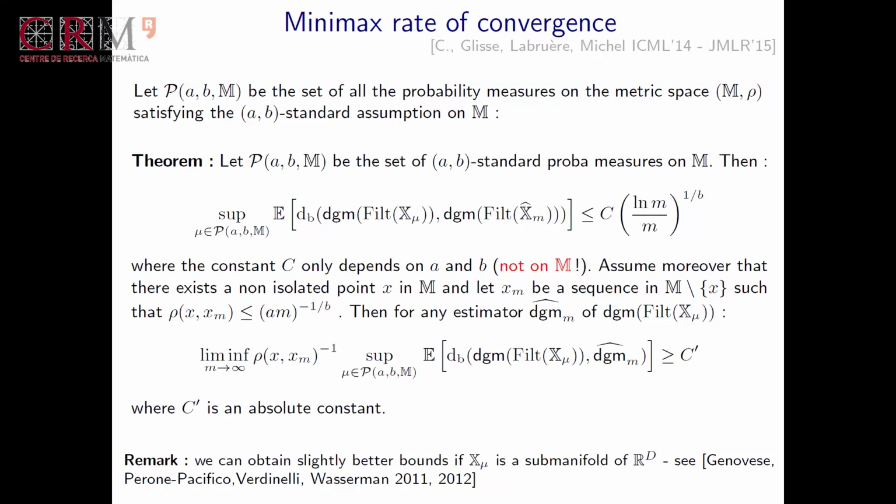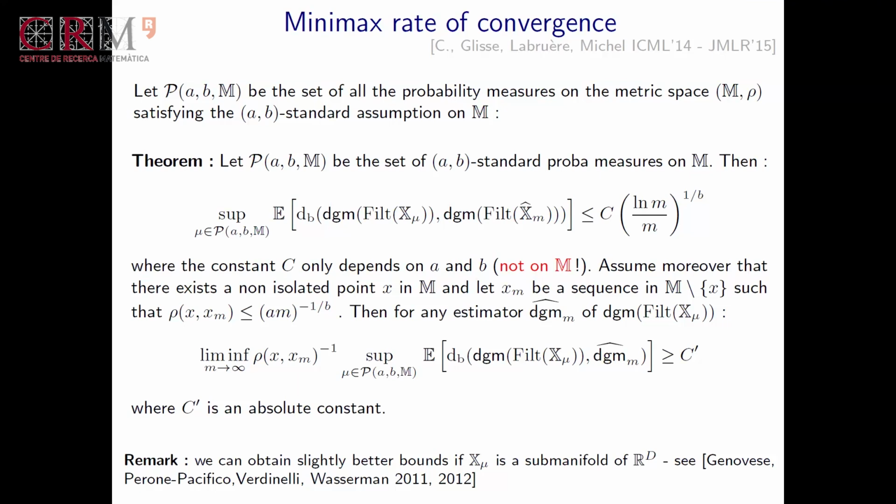But what this part tells you is that this upper bound is the exact rate of convergence, in the sense that you can also prove that whatever the way you estimate this diagram from a random sample of m points, you will never be able to find an estimator, an algorithm or whatever, that has a better rate of convergence than this one.